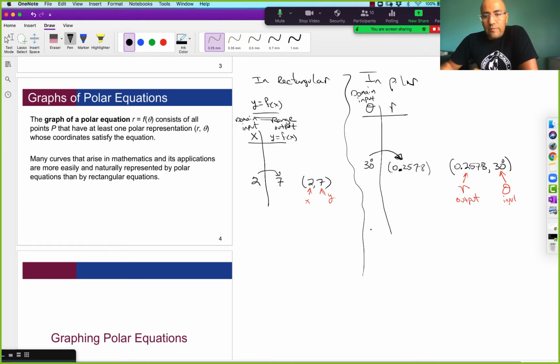So this should really be more like pi over 4, and then that maps to 0.2993, right? And then the ordered pair would be (0.2993, pi over 4) in radians.